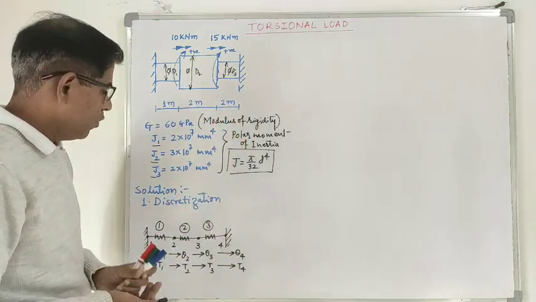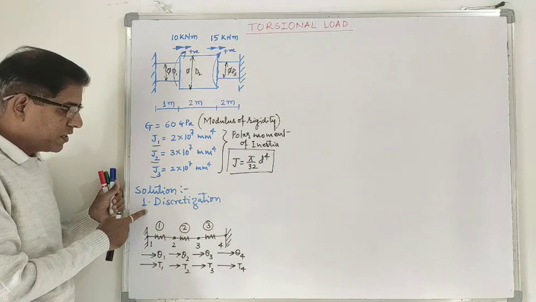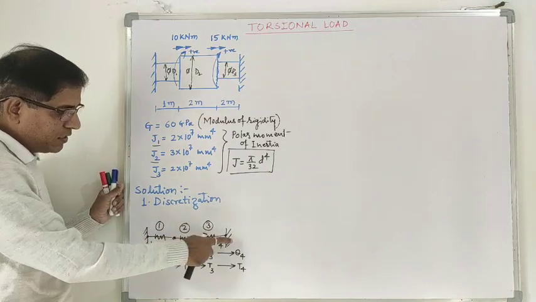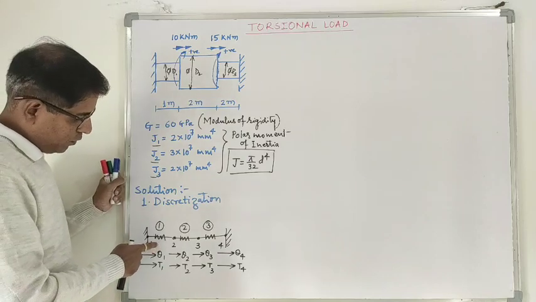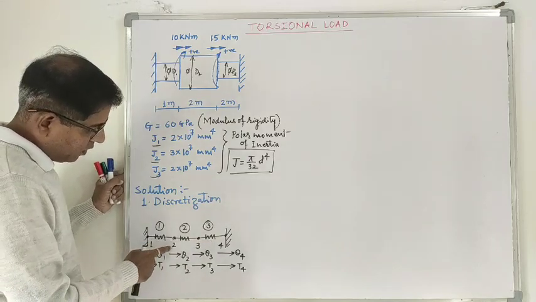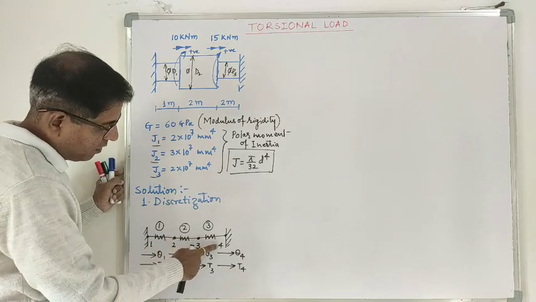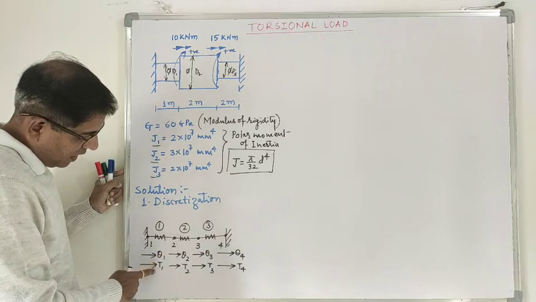Now we apply the finite element method. The first step is discretization. Here we have discretized it into 3 elements and 4 nodes. This is element 1, element 2 and element 3. This is node 1, node 2, node 3 and node 4.